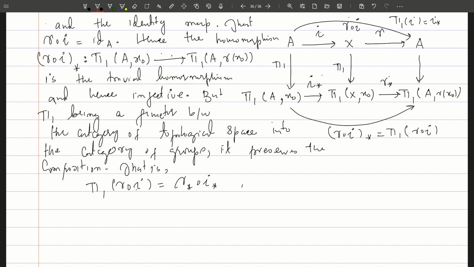So R composite I star is the map R star composite I star.